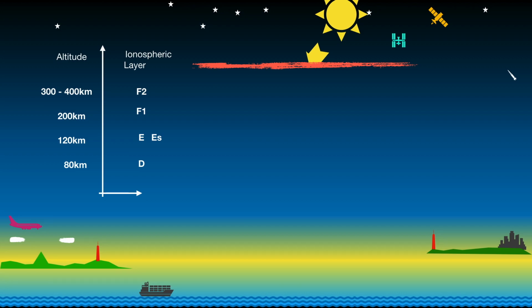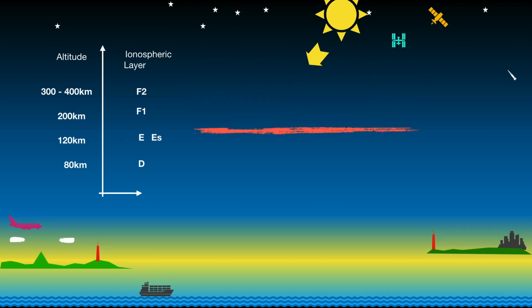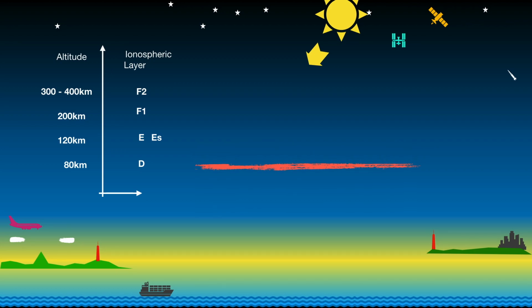So first of all, we'll get high level layers ionizing, and then as the day sets in, the ionized layer will come down. Here we've shown it coming down to 80 kilometers into the D layer.